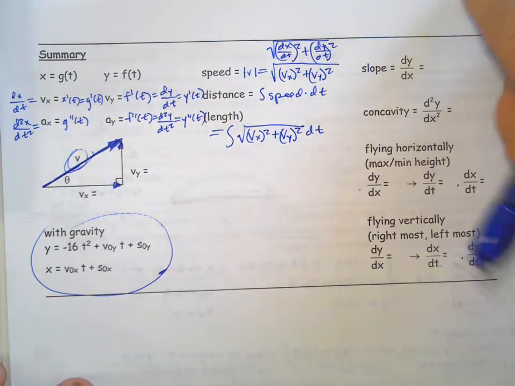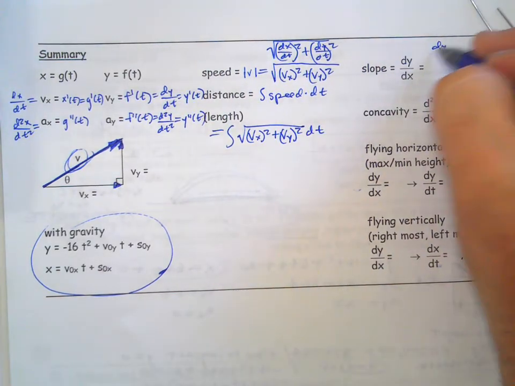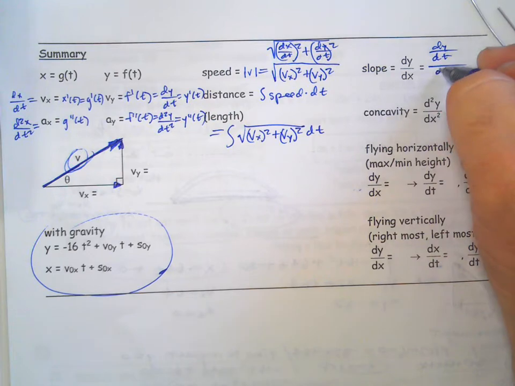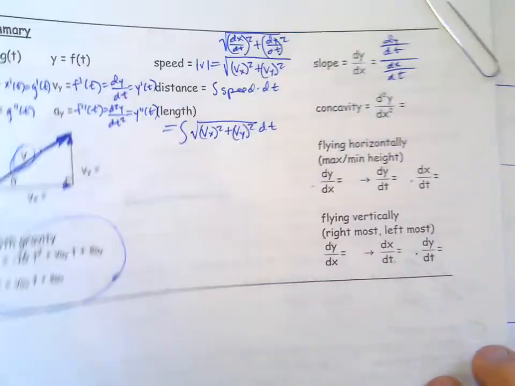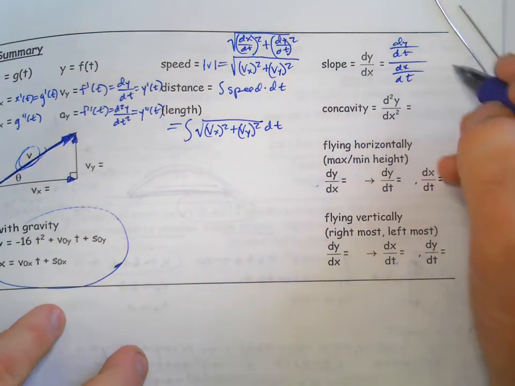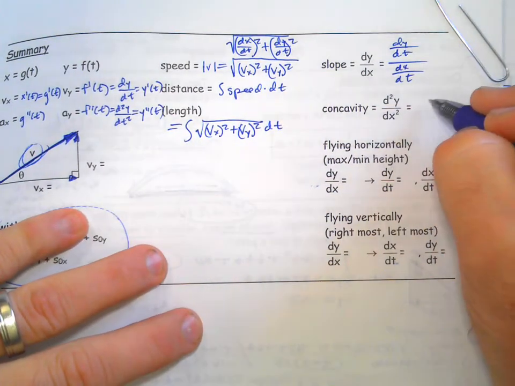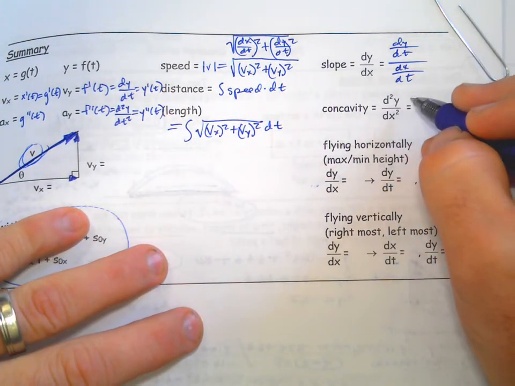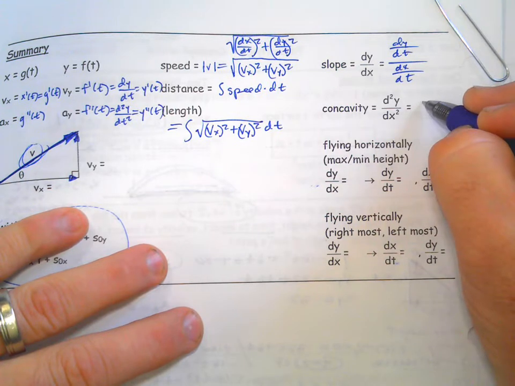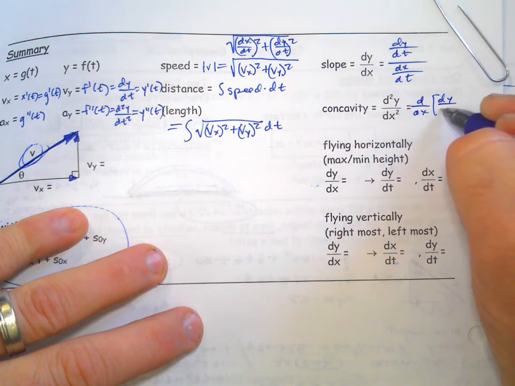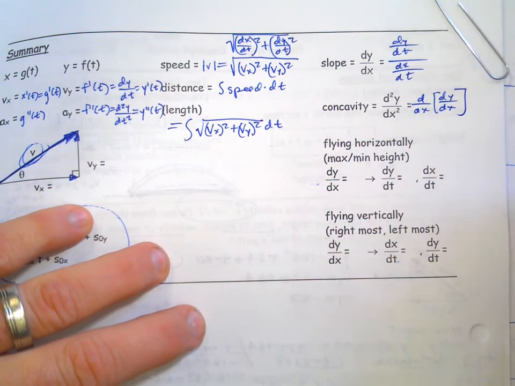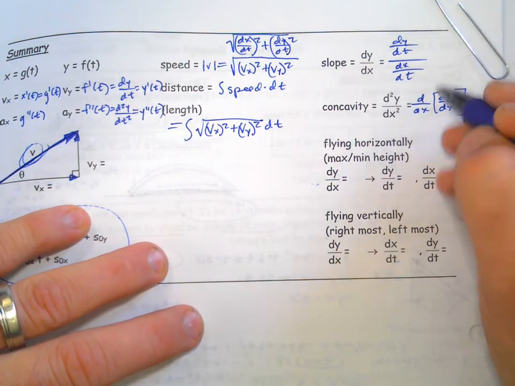Slope is dy dx, which is dy dt over dx dt. The second derivative, the concavity, is a little more complicated. And I showed you guys how we derived it. It's going to be the derivative of dy dx again to get the second derivative with respect to x. But the problem is dy dx is in terms of t.